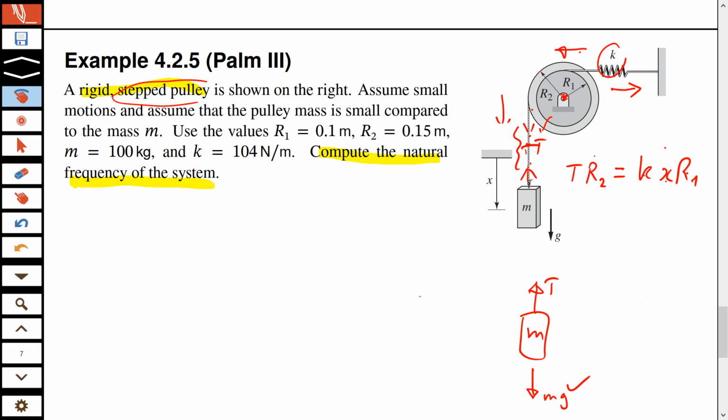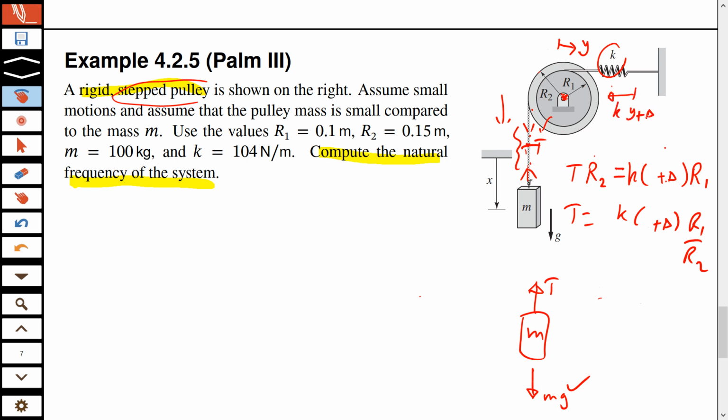Now I made a small mistake here: it will not be K times X, it will be K times (X plus delta), because of the static deflection. K times (X plus delta) times R1, yeah. So T equals K times (X plus delta) R1 divided by R2, and even this X is not right. Let's call this deflection... actually I need to fix the arrow, because if the deflection is towards the right, this force will be towards the left.